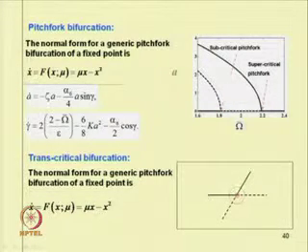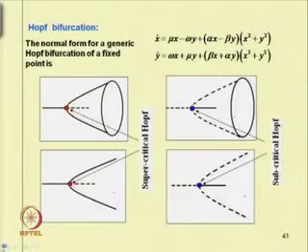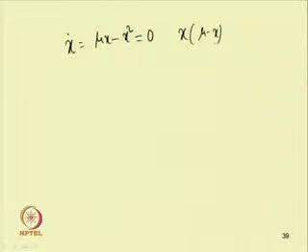Let us take this example, x dot equal to mu x minus x square. By putting this equal to 0, we can write x into mu minus x.